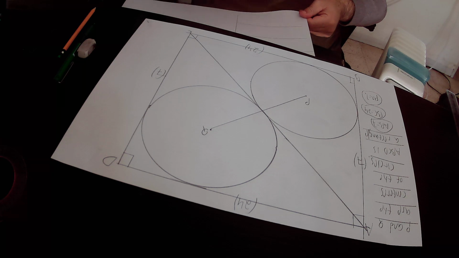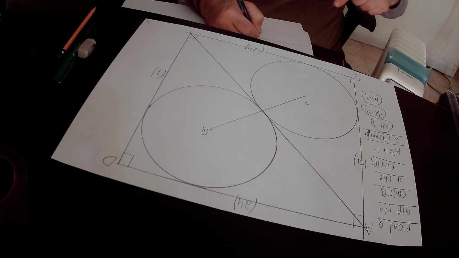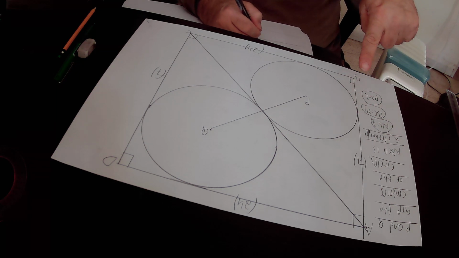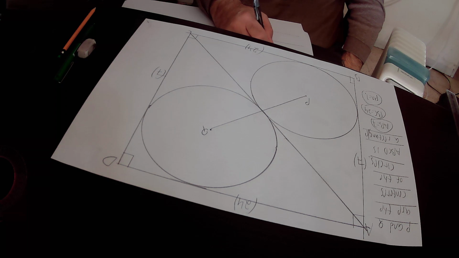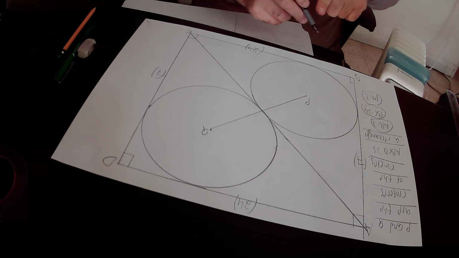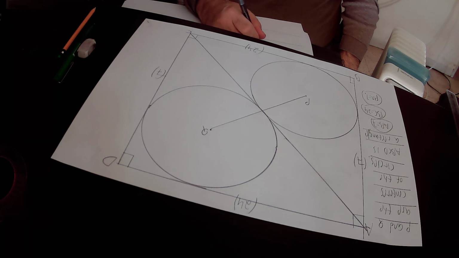So AC square, that is the square of the hypotenuse, equals AB square. AB is 7, according to what is given in the question, therefore AB square is 7 squared, that is 49, plus BC square. BC is 24, therefore BC square is 24 squared, that is 576.